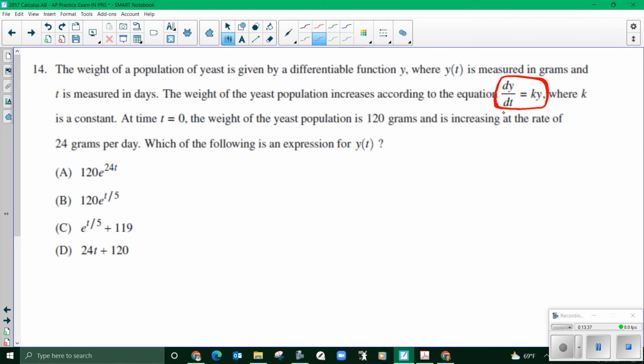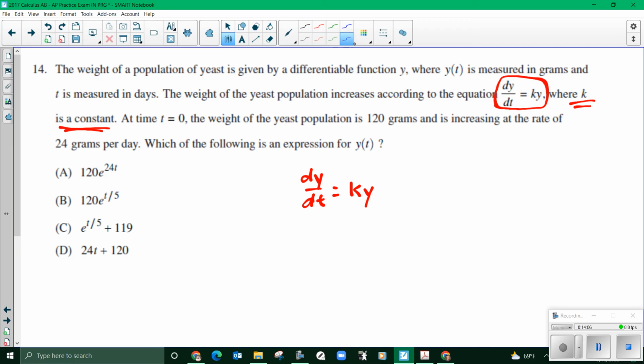Well, I have dy over dt equals ky. I want my y and dy on one side, and I want my k and dt on the other. And you might be saying to yourself, well, k and t aren't the same variables. K is not a variable. K is a constant. Think of it as like the number 5.